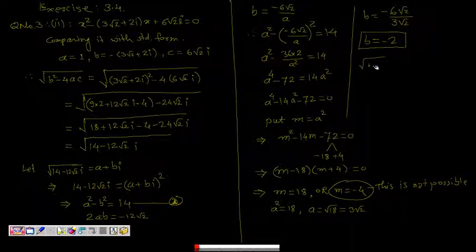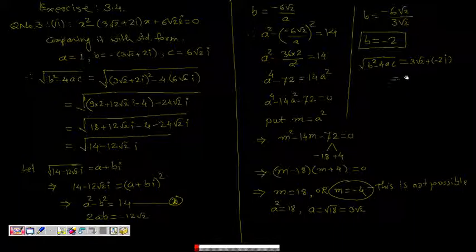Therefore root of b square minus 4ac जो था इधर लिया हुआ, a plus bi लिखा था ना हमने, तो this value is actually a is 3 root 2 plus minus 2i. Finally it comes out to be 3 root 2 minus 2i.